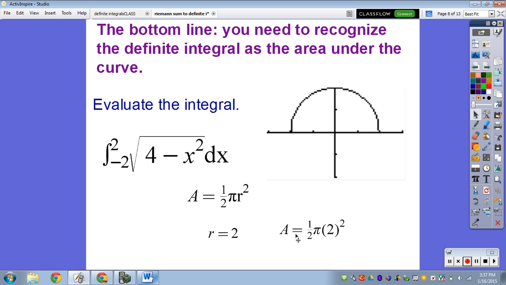And so if the radius is 2, I would just plug it into the area for a semicircle, 1/2 pi times 2 squared. 2 squared is 4, 4 times 1/2 is 2, and so my area is 2 pi. And so since the area between the curve and the x-axis is 2 pi, then this definite integral equals 2 pi. And that's all I have to do. And so that's how I would go from a Riemann sum to a definite integral.